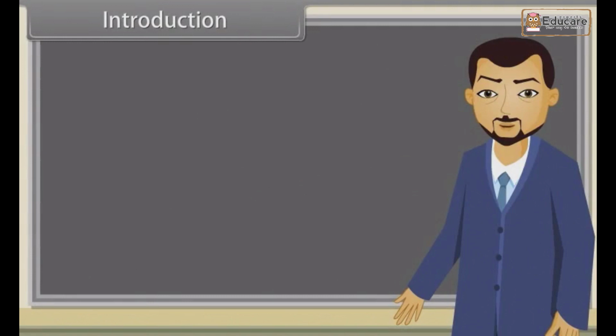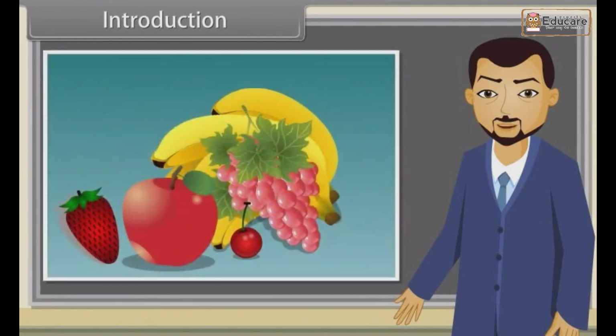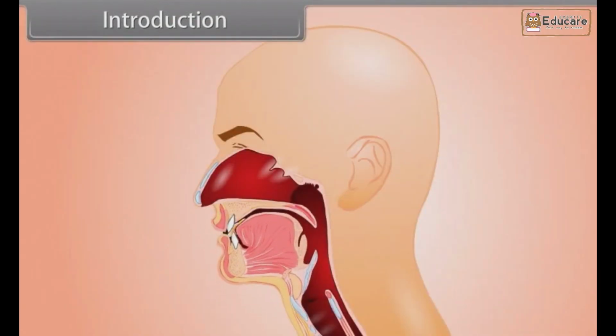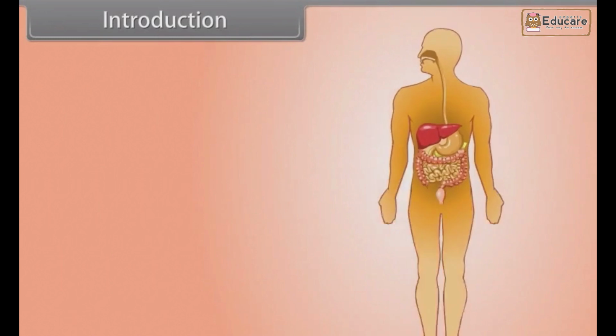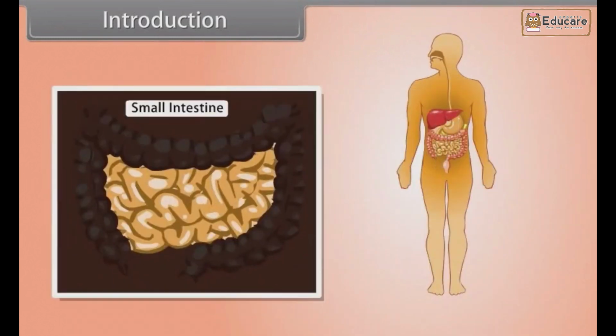Hey kids, we all know that we need energy to live, and food is the primary source of energy. But you know that the process of digestion of food starts from the mouth, and the absorption of energy majorly starts in the small intestine.